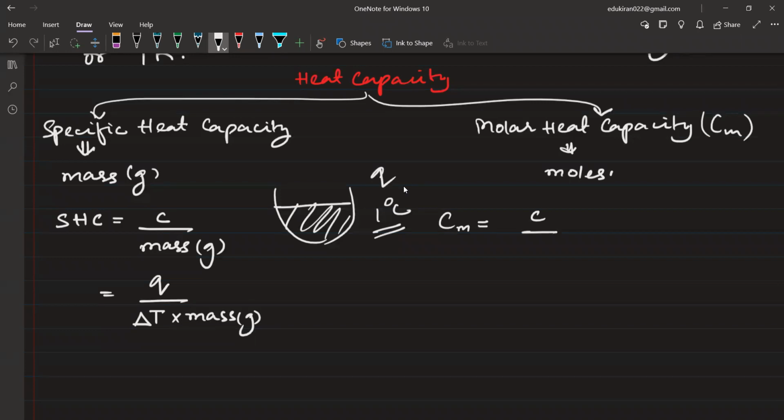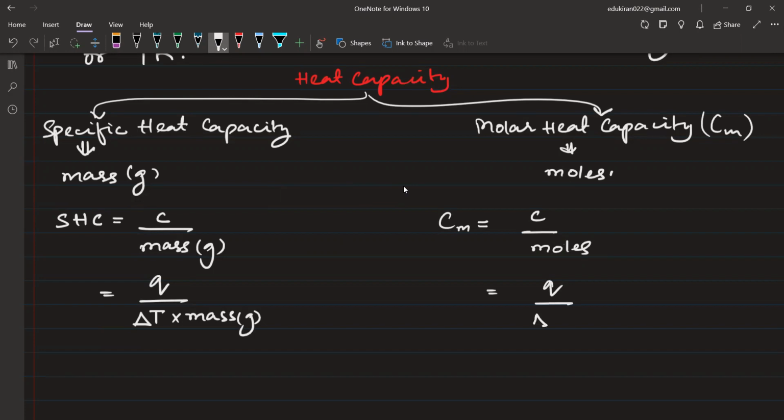So C upon number of moles. Then you will calculate the number of moles of this water and divide it, and you will get the molar heat capacity. And then further we can write Cm is equal to Q upon delta T into the number of moles. Please write this down.